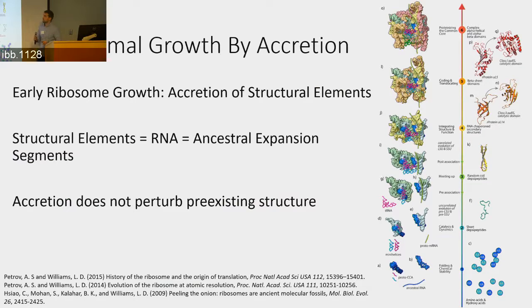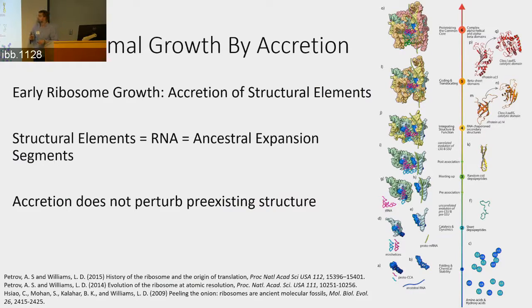And so the basic idea of the accretion model is that the evolutionary process is based on this idea of building on top of things that came before. And so specifically what I'll be talking about today is the early ribosome growth and evolution that happens through accretion of structural elements.